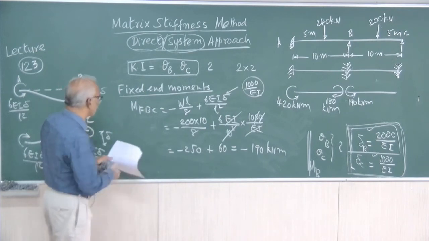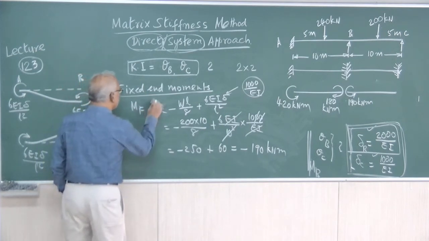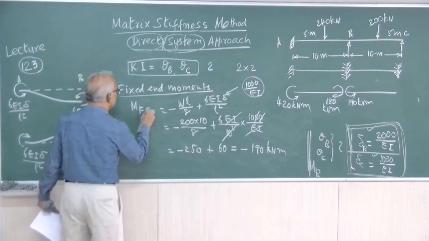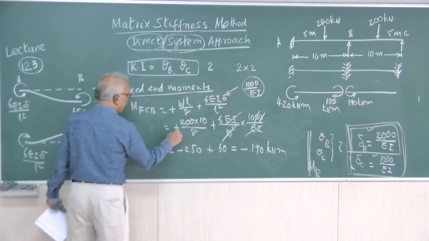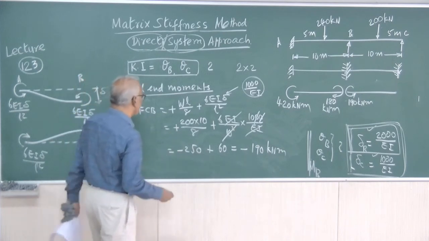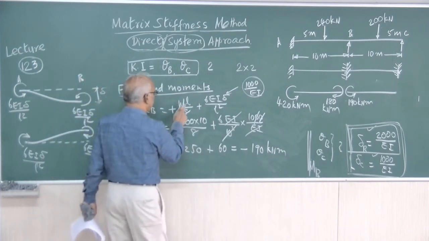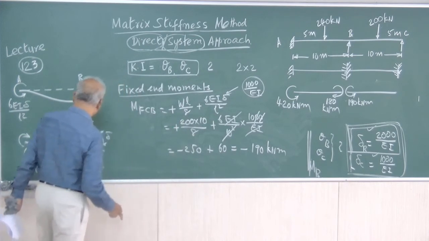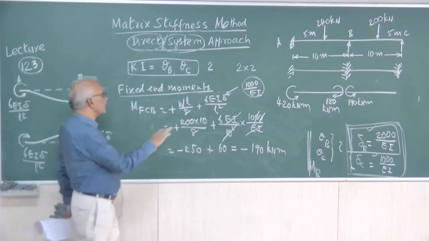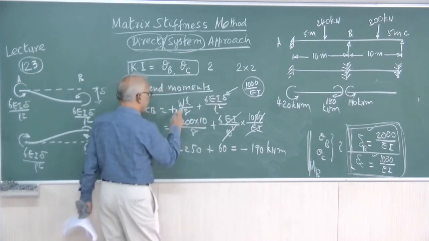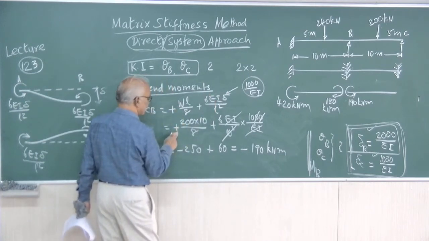Now, coming to M of CB, we will make use of this. M of CB will be plus, and all other values will be the same. This will be WL by 8, and at both ends it is plus 6EI delta by L square. Therefore, this will remain the same, and only the sign of this will be changed.